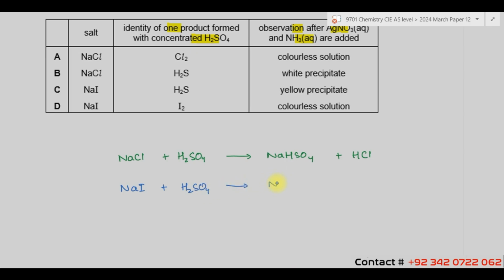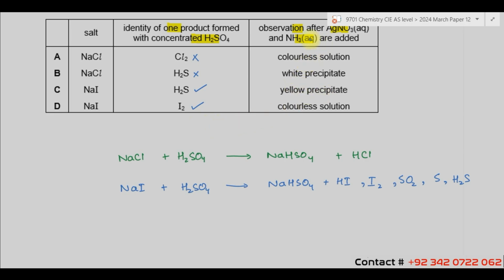Among those products we have NaHSO4, hydrogen iodide, iodine, sulfur dioxide, sulfur and H2S. So sodium chloride does not produce chlorine, and does not reduce H2SO4. Sodium iodide can form H2S and it can also form I2.